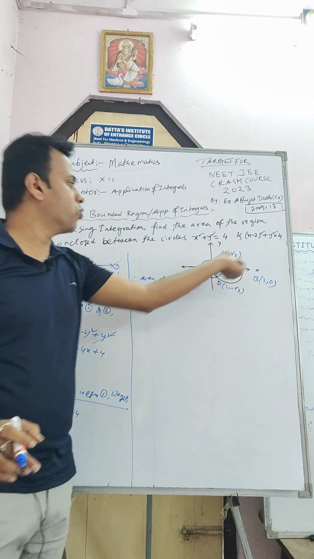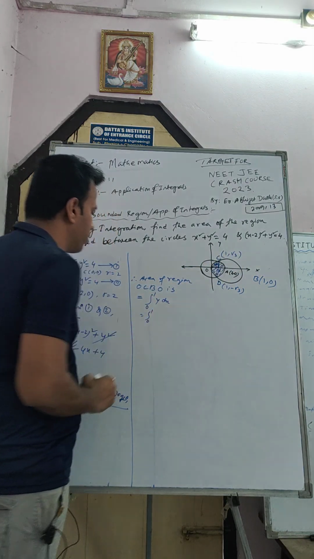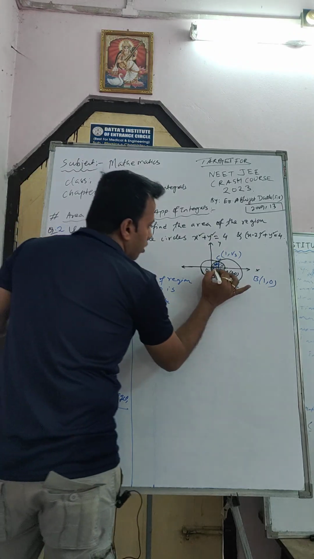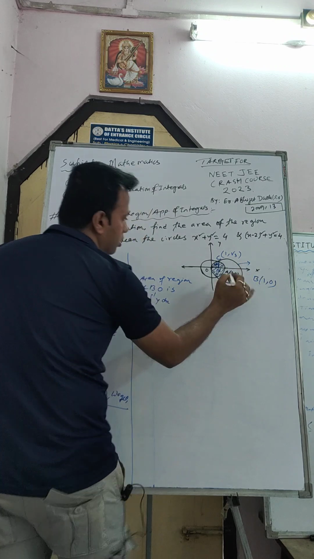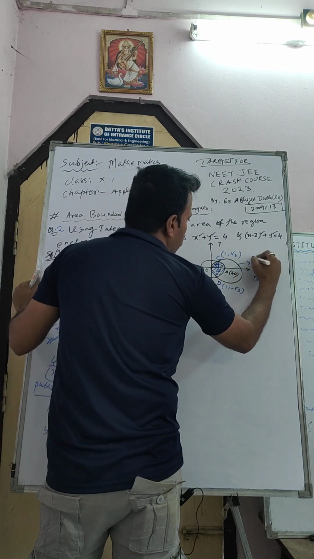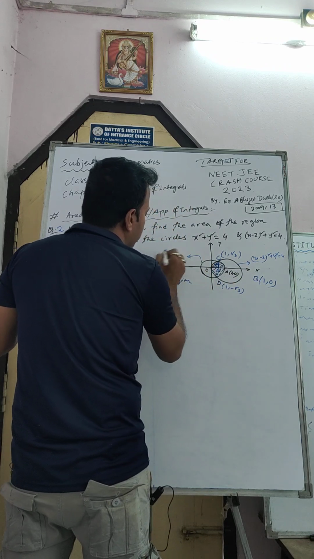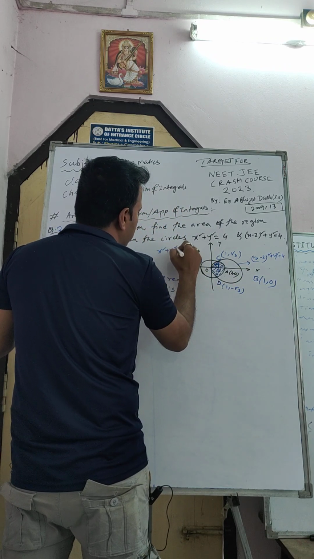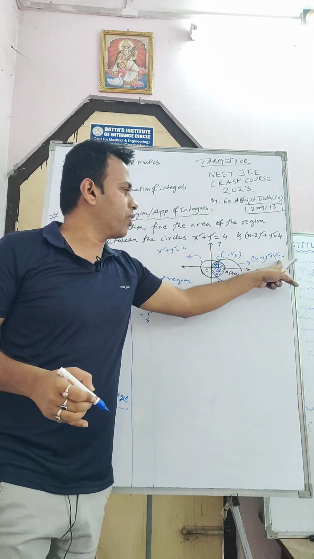Which curve is there? This circle is x minus 2 whole square plus y square equals 4, and this circle is x square plus y square equals 4. So from that circle we have to find the value of y.